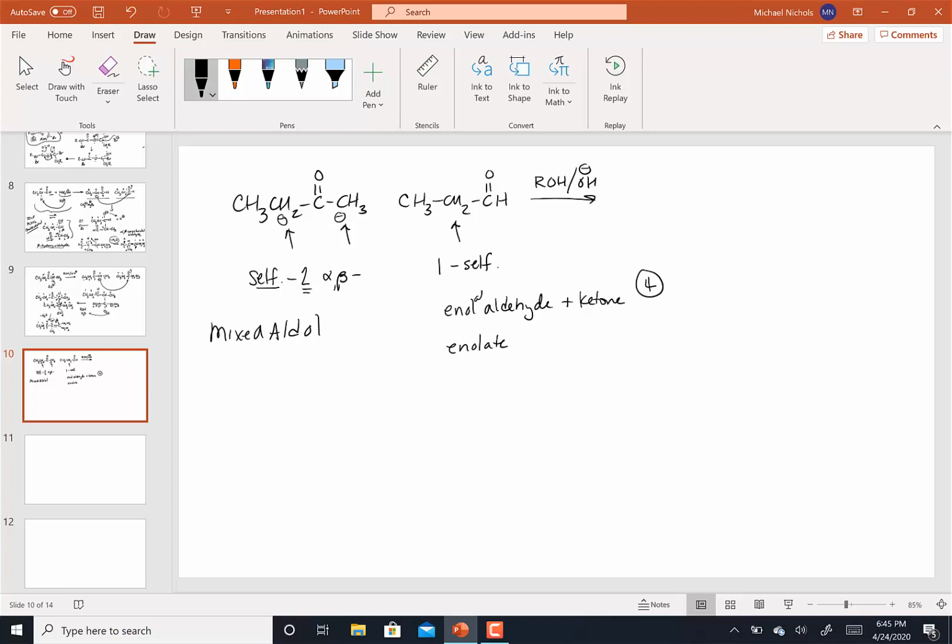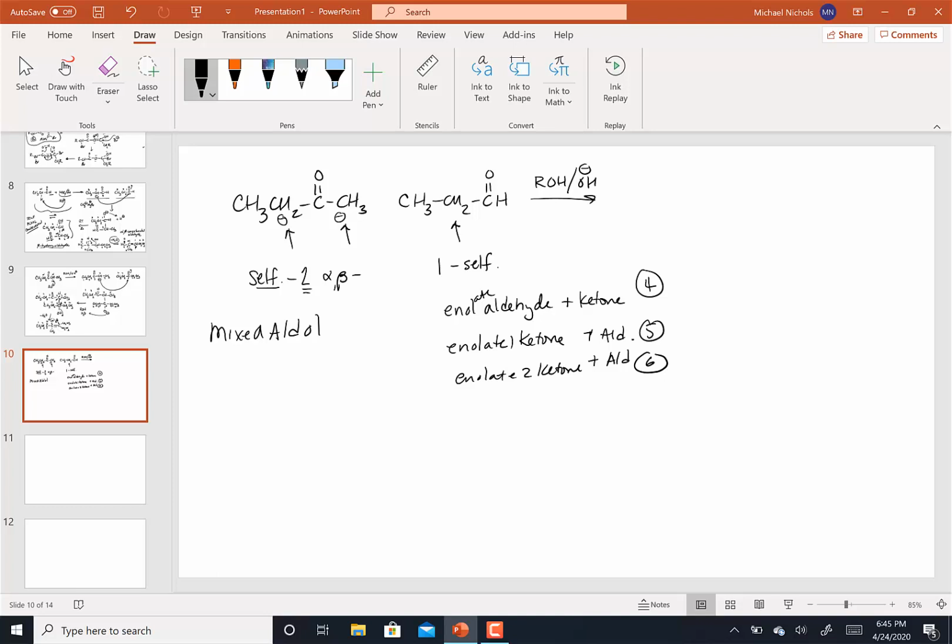That should be enolate. The enolate of ketone, enolate 1, and enolate 2 of the ketone, reacting now with the aldehyde. That's products 5 and 6. There would be no preference over the formation of any one of those products as the major product.